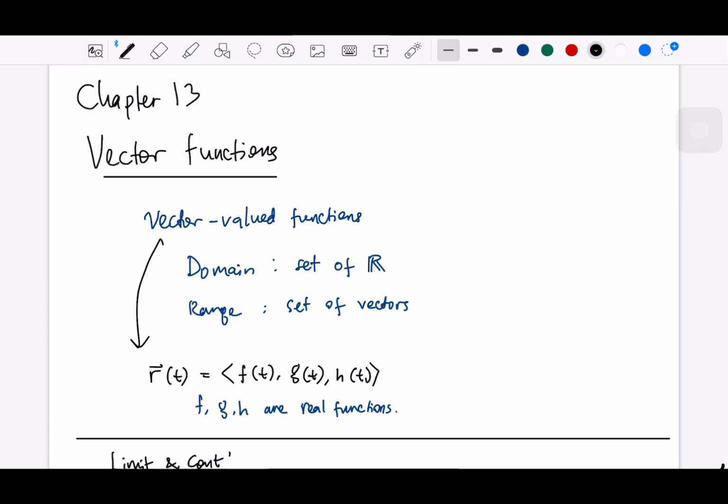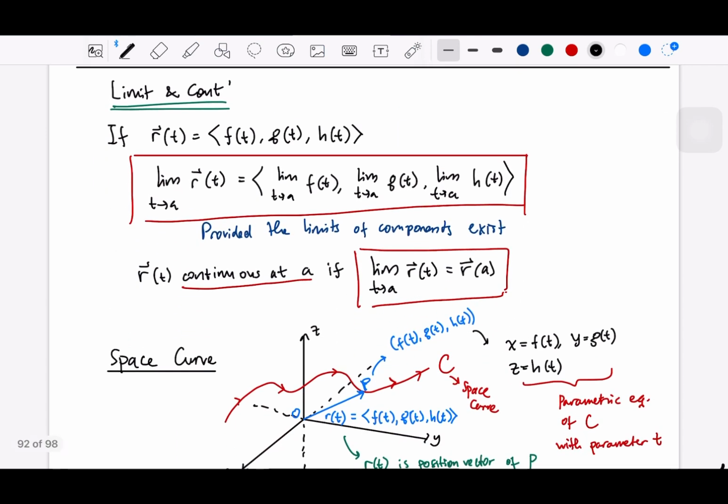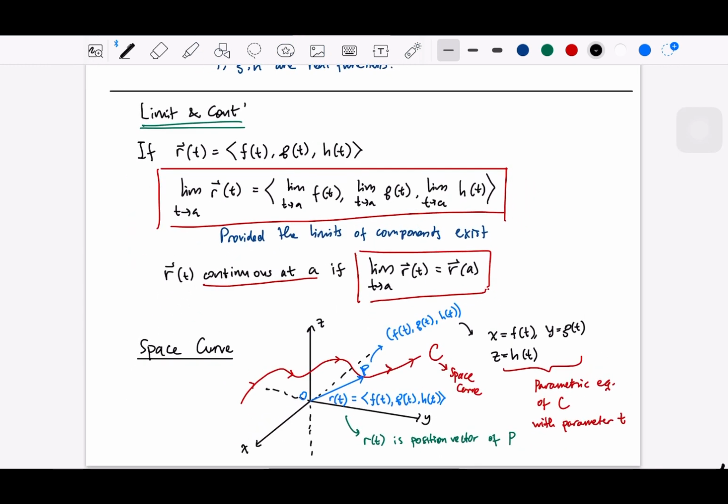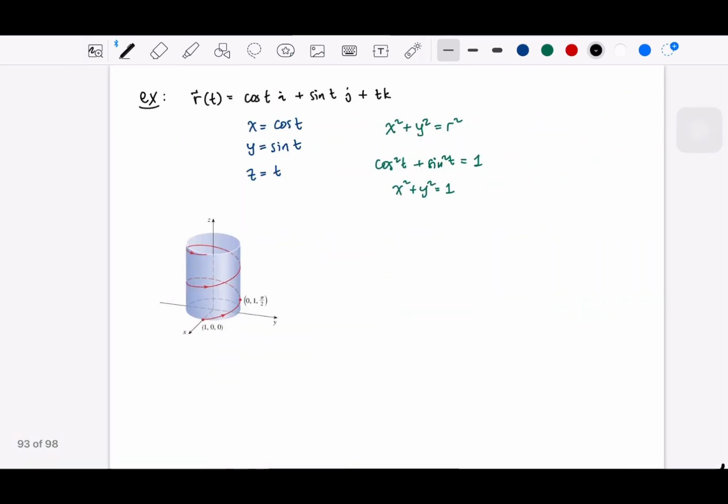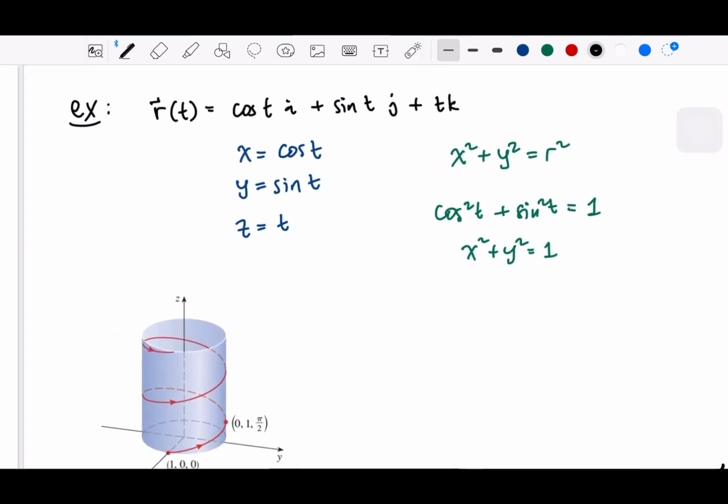Based on this definition, if you look at the curve like this, we can think of r as the position. If we vary t, let's say from 0 or maybe from negative something, then we can trace the curve through these vector positions. Now the same way applies, we try to trace this r.